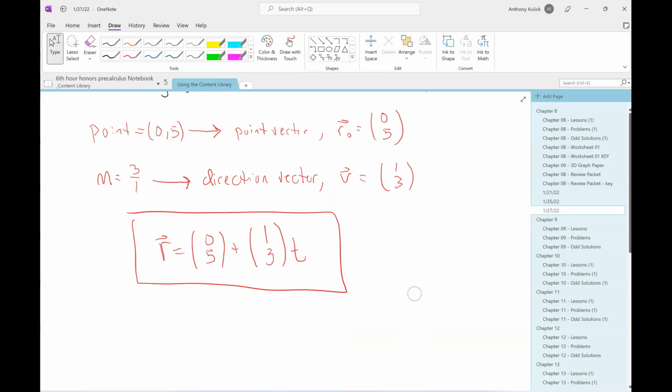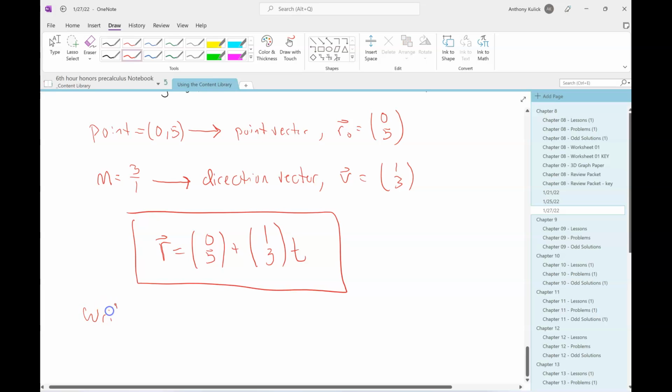Okay, so this is where we've written our vectors in IB component form, right? Yes, of course. What if I wanted to write this with my vectors in linear combination form?